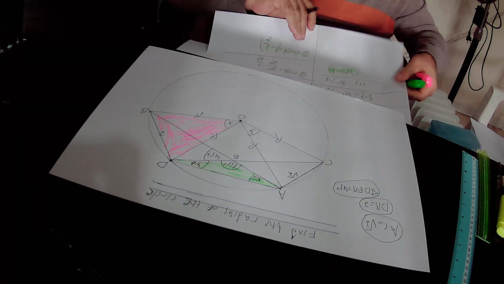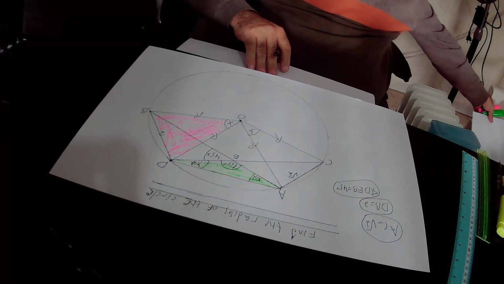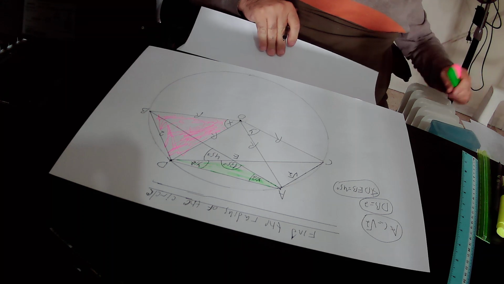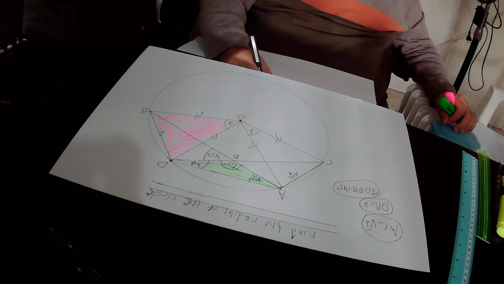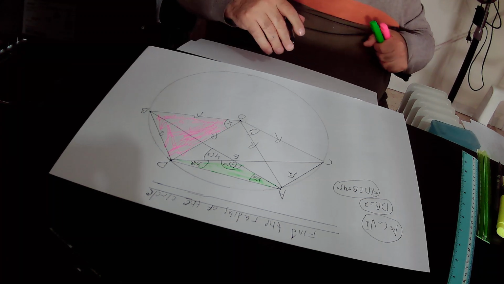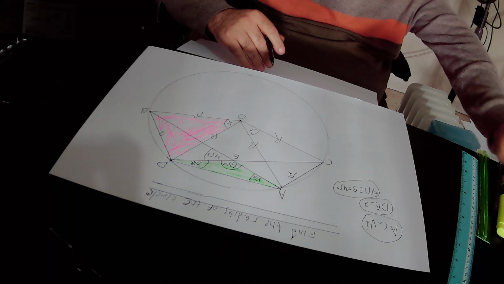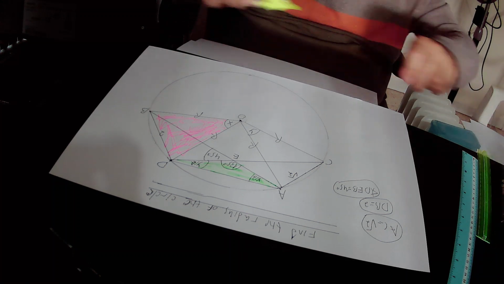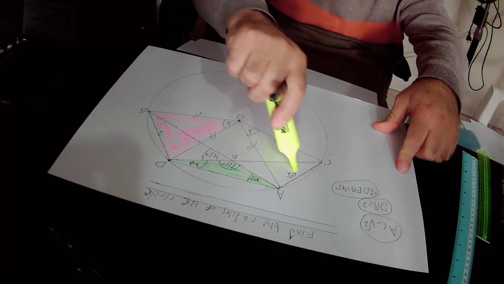In the next step, we'll implement the law of cosines in the yellow triangle AOC.